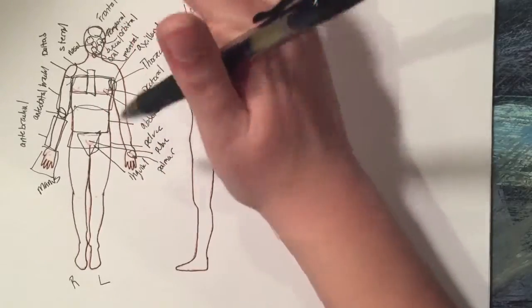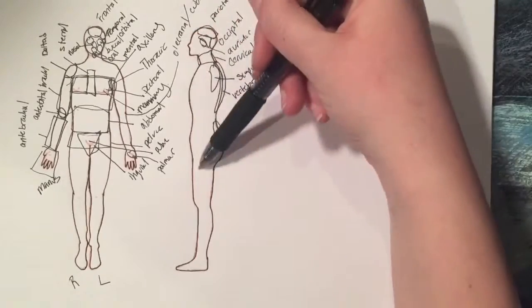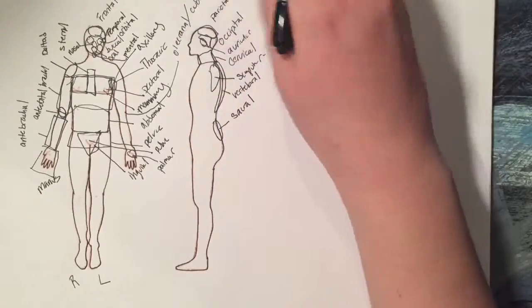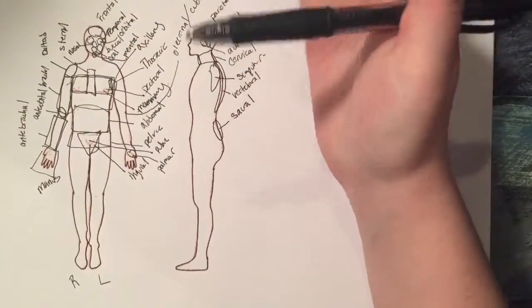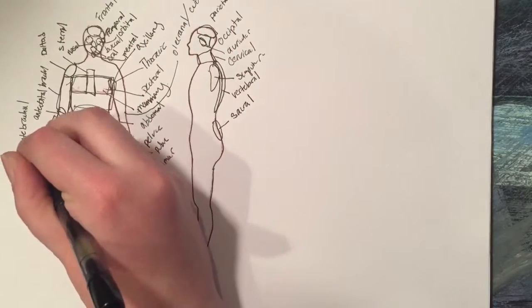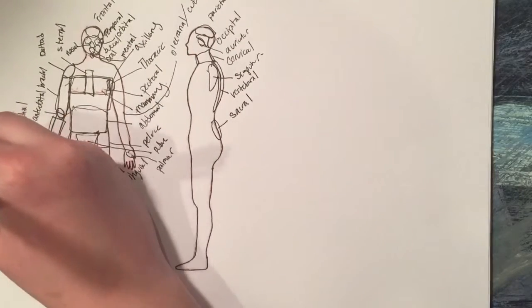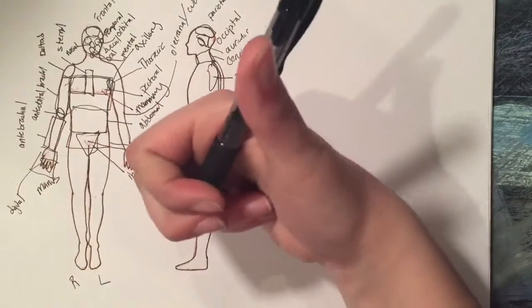The back of your hand is the dorsum of your hand because the back side is dorsal, front side is ventral of the human body. So the back of your hand would be your dorsum of your hand. Digital is fingers. And your pollex is your thumb.